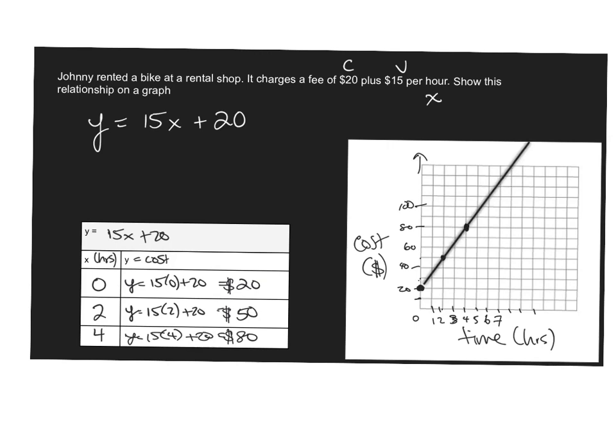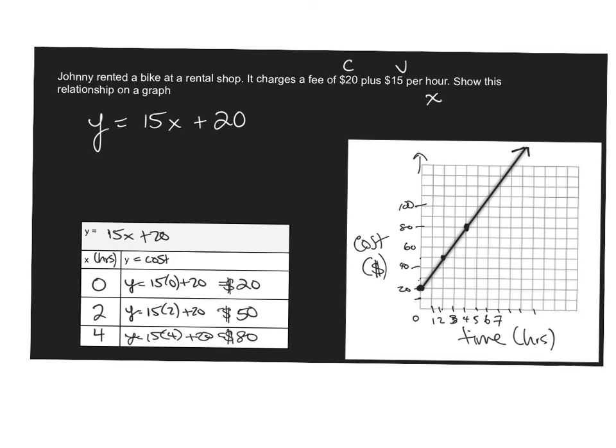Something like that. Oops. And draw your little arrow indicating it would go on forever if Johnny kept riding. And then you've finished your graph.